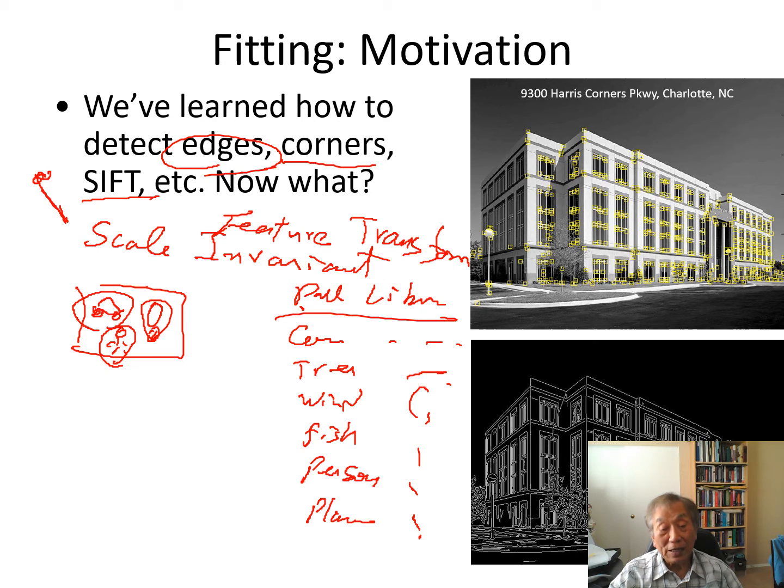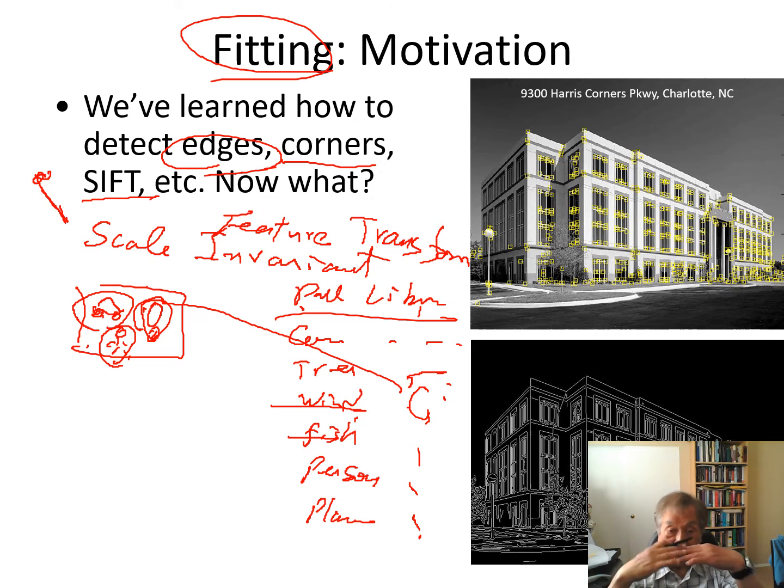So we need a library, and we want to fit or compare those shapes to the pattern library, and say that this is a house, this is a person, this is a car. We can do that match.